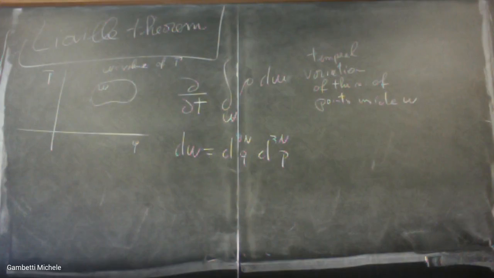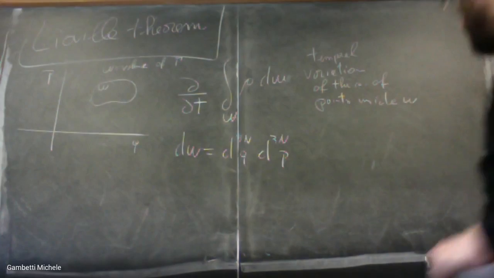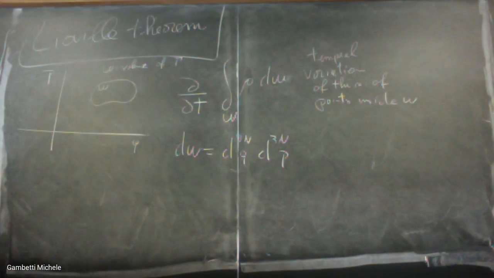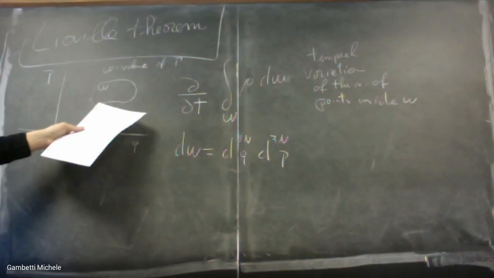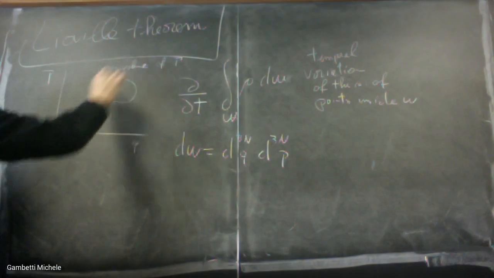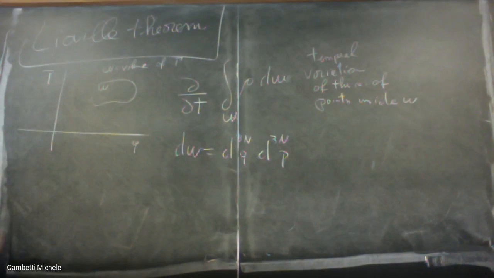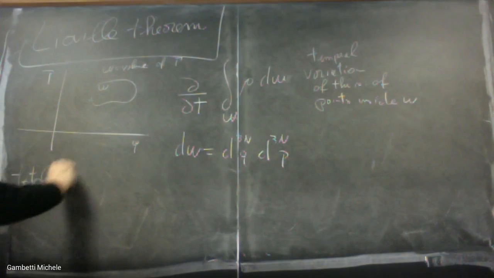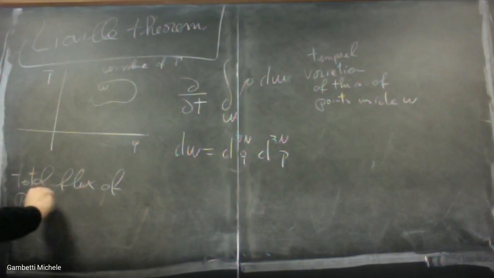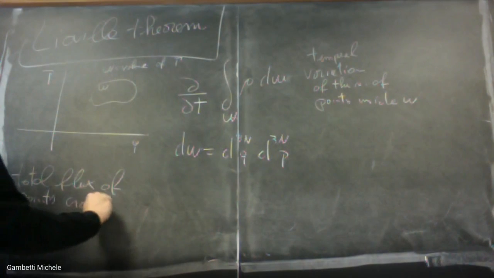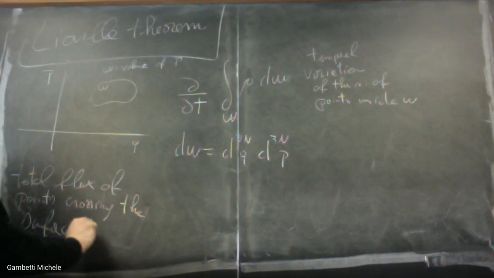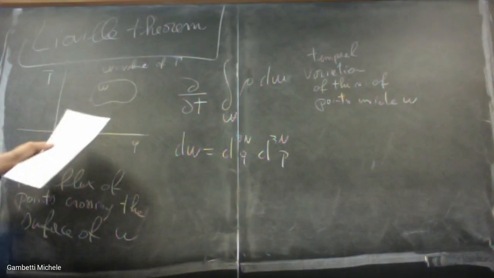Okay, now comes the divergence theorem, in the sense that we consider the total flux of points which are going out of this volume or entering this volume. Okay, so the total flux of points crossing the surface of this portion of the phase space omega.